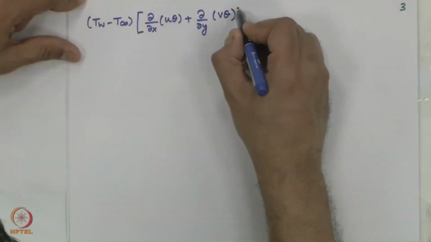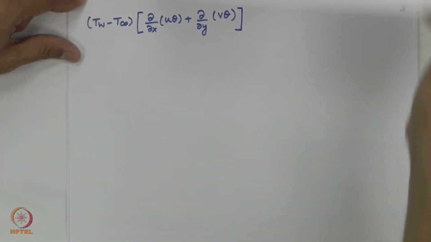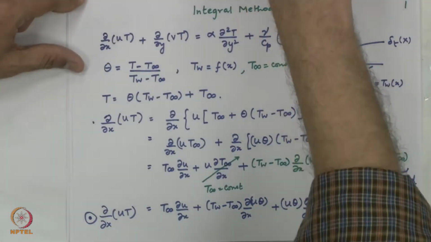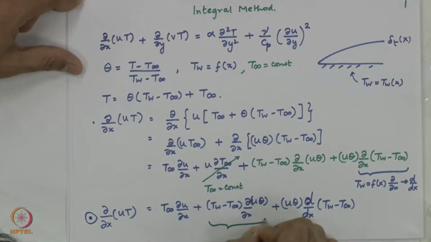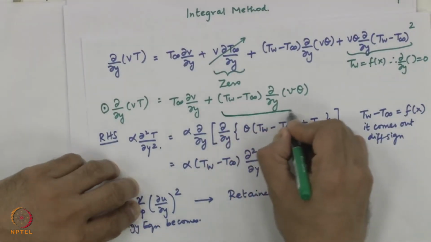So, the energy equation becomes Tw minus T infinity times d by dx of u theta plus d by dy of V theta. These are the two terms that we have, see here. So, we have taken this term here and the corresponding term here.